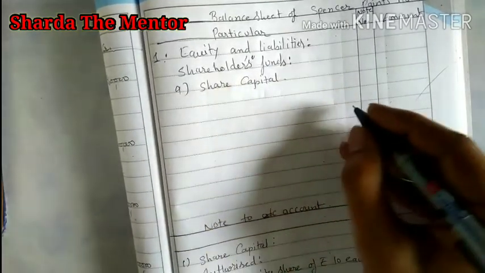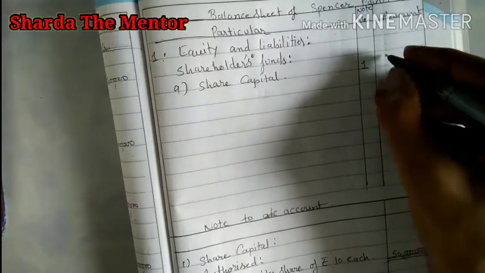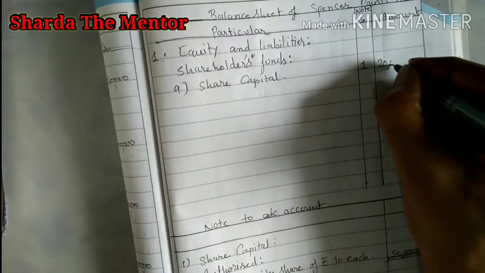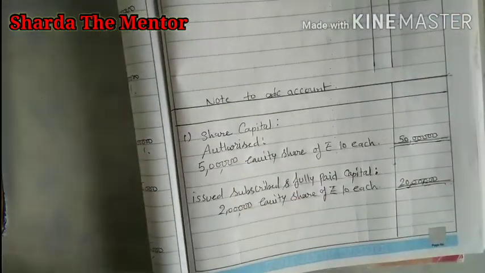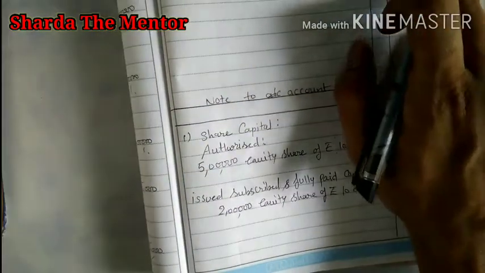So in the share capital, that is the first point, that is 20 lakh. Now that 20 lakh we have transferred here.